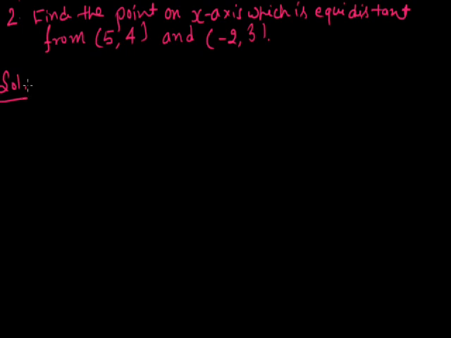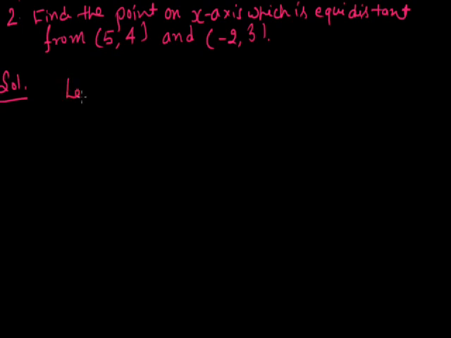Okay, the problem is to find the point on x-axis which is equidistant from 5,4 and -2,3. First we have to suppose the point on x-axis.